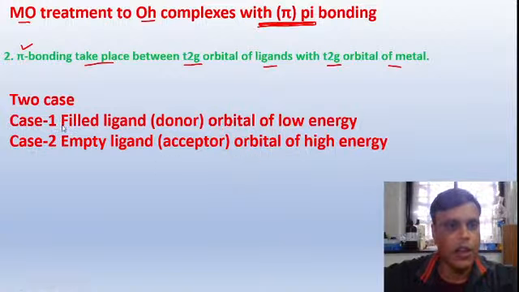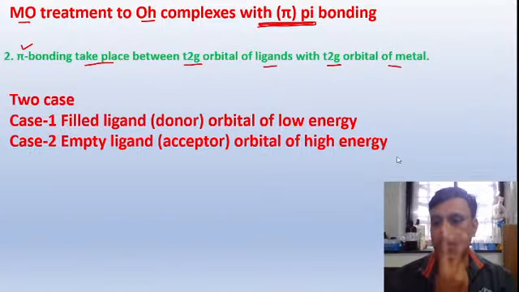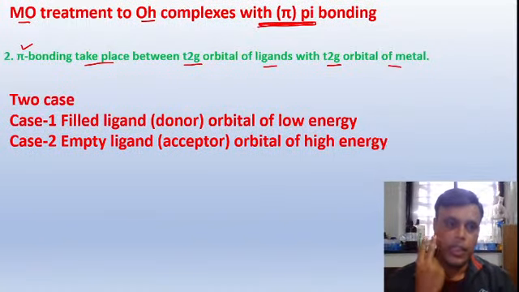So case 1 is filled ligand donor orbitals, which contain electrons and can donate them to the metal, and are lower in energy. Case 2 is empty ligand orbitals, which have no electrons, so they can accept electrons from the metal, and they are high in energy. We will discuss both the cases one by one.